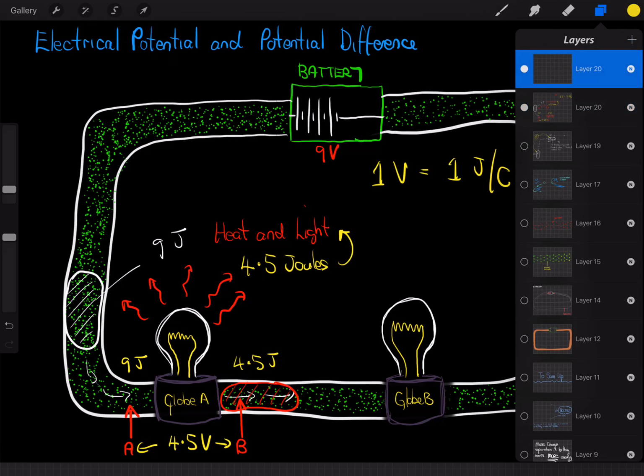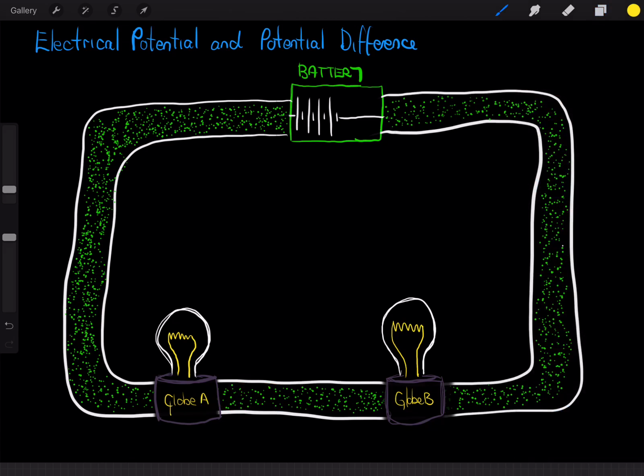So if we now take that Coulomb of charge, here it's here, and now it moves through the second globe. There's that Coulomb. It will pass through the second globe and emerge out the other side.